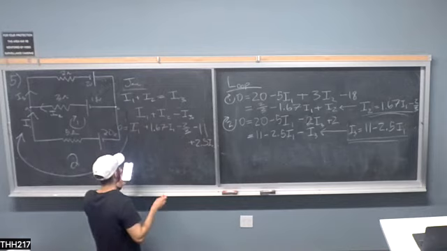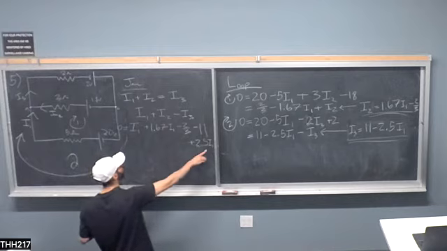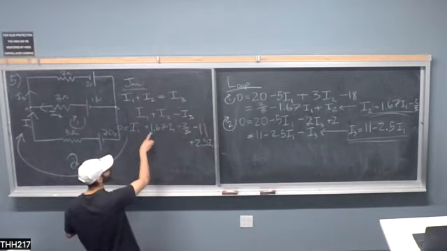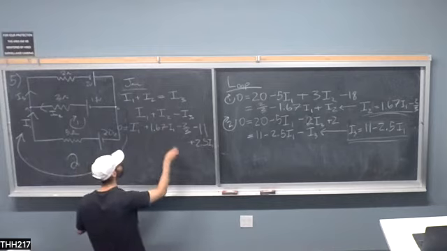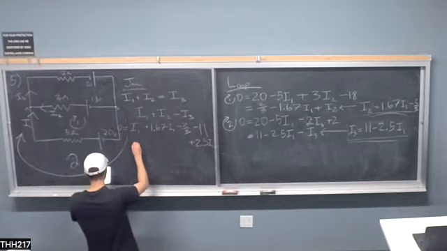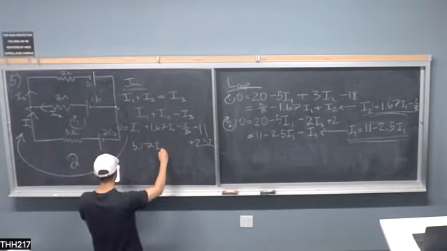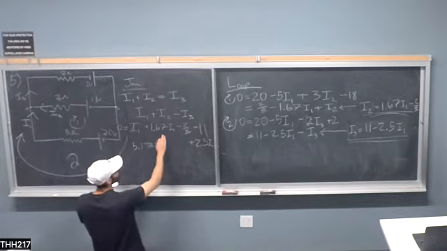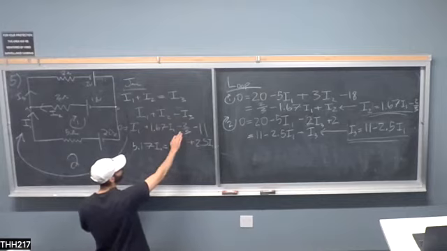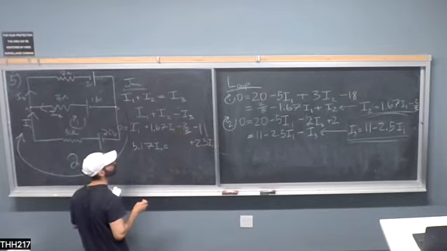Now, I can add up everything with the I1 variable, so I can add 1 plus 1.67 plus 2.5, and I'll get 5.17 I1 is equal to, this is like 11 plus, or minus 11, minus 2 over 3, so that's minus 11.67.